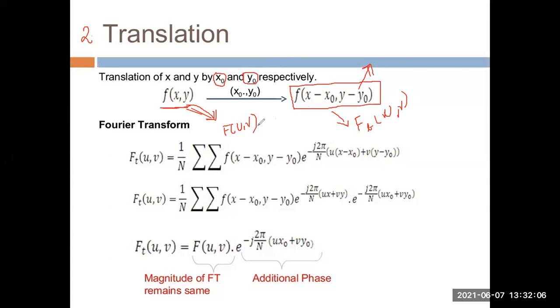Then what is the relation between these two? The relation between these two will be given as this one. Getting my point?